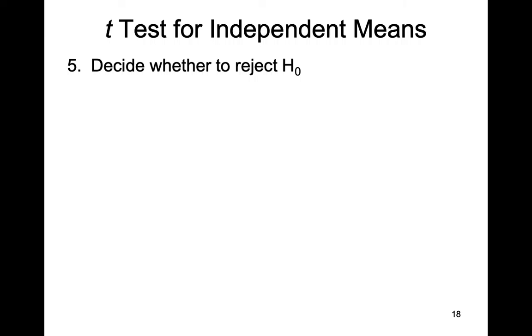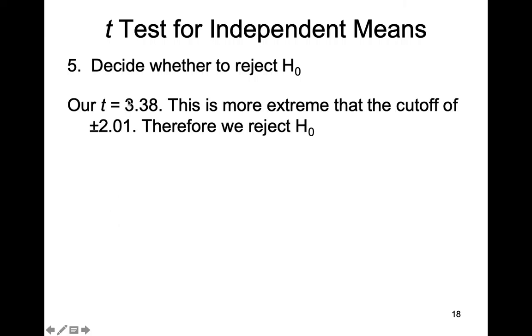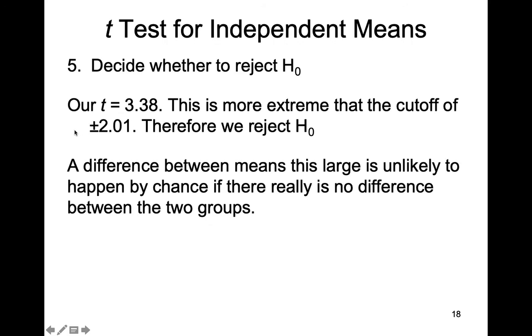We're going to decide whether to reject the null hypothesis by evaluating our actual t against our t critical. Because our actual t is more extreme than the critical value, we're going to reject the null hypothesis. What does that mean? Well, a difference between means this large is unlikely to happen by chance if there's really no difference between the two groups.